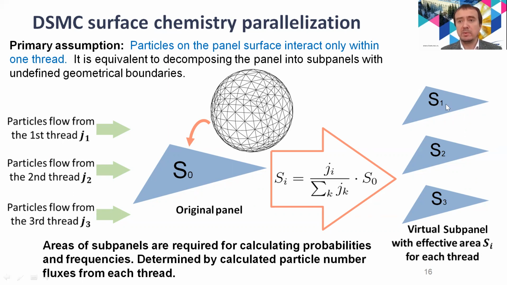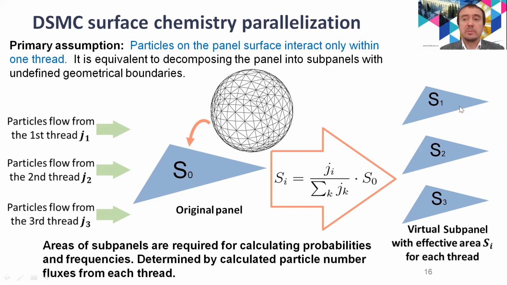To determine this area, we just use the particle flow from each thread to the panel, and these areas are proportional to this particle flow. And to reduce the statistical error, of course, we average this particle flow data over some time.